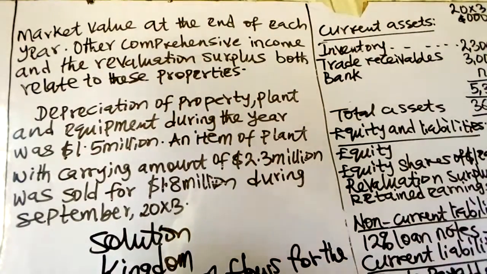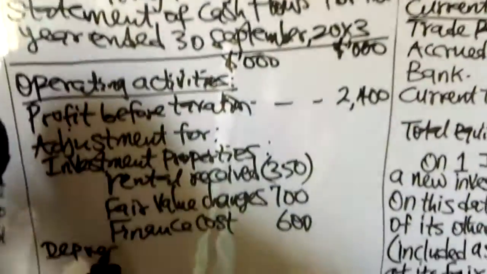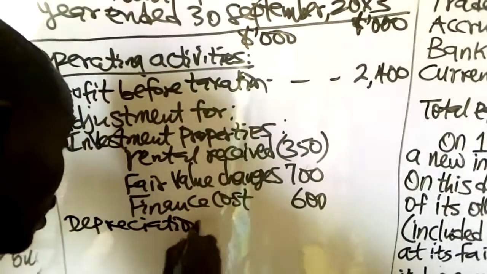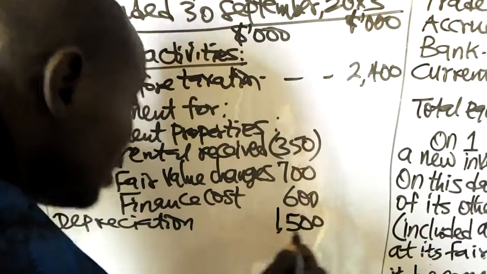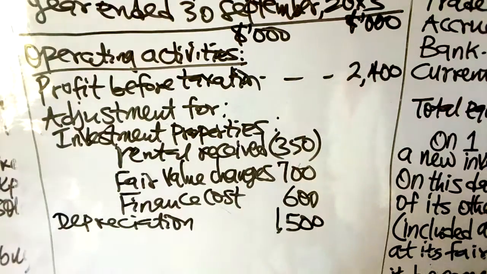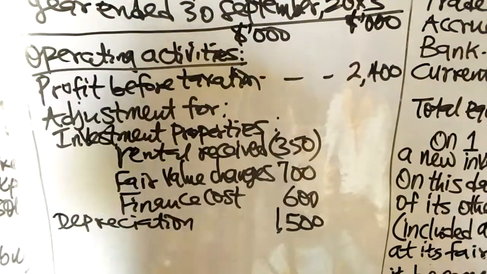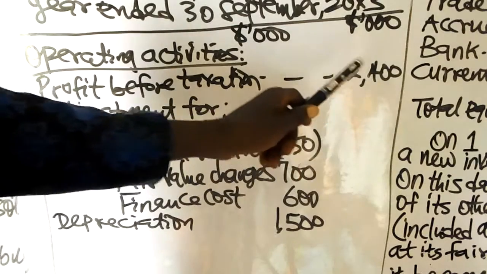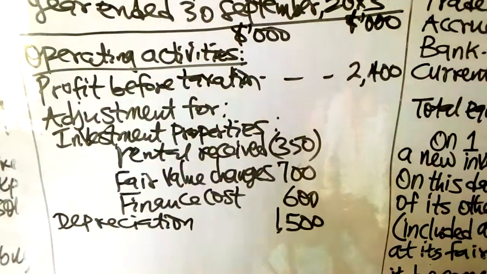So depreciation does not involve the flows of cash. Depreciation will have been charged as an expense before arriving at the profit before tax. Since it has been charged, the profit before tax has been reduced by the amount of depreciation charged.